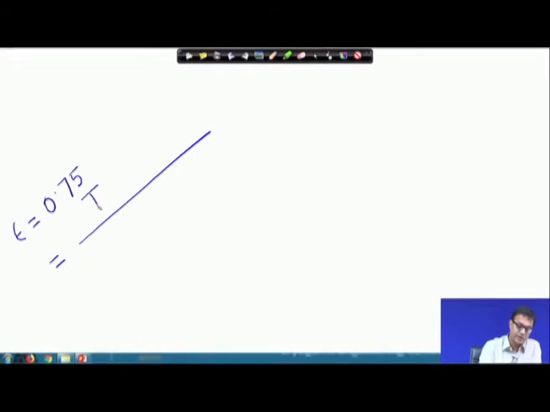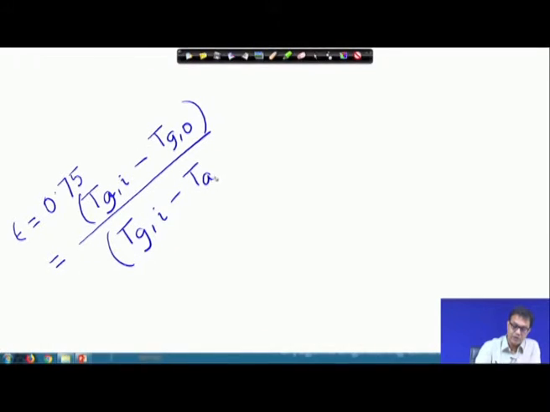So epsilon, the heat exchanger effectiveness, equals T gas at inlet minus T gas at exit, over T g entry minus T air at entry.